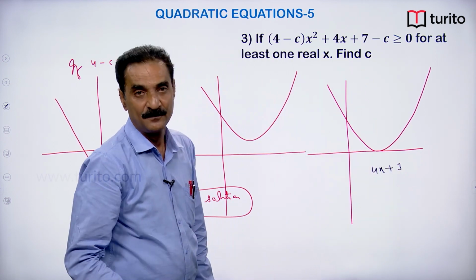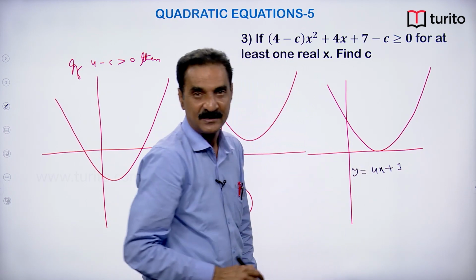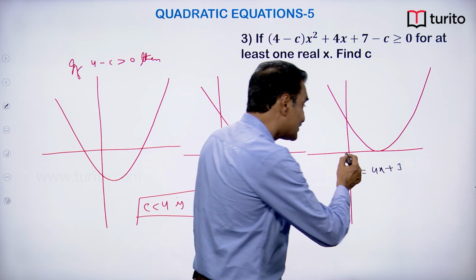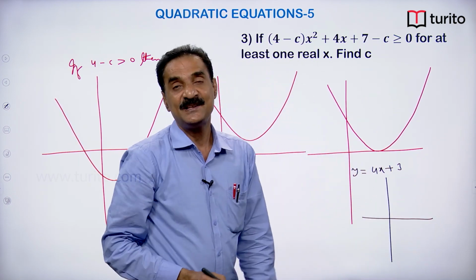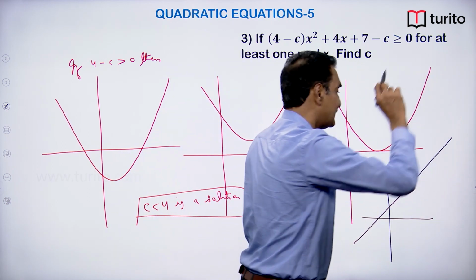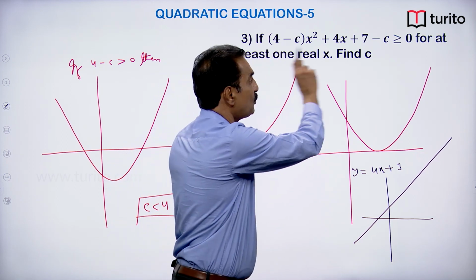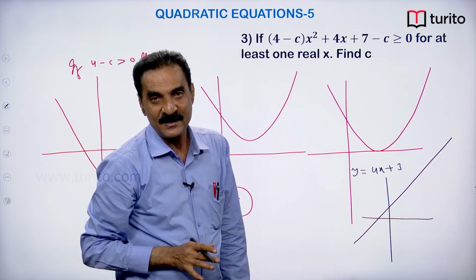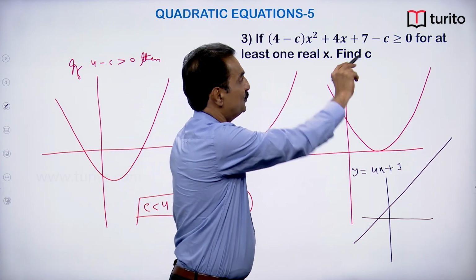If you take the expression as y, it is not quadratic, but its graph will be a straight line. y is equal to 4x plus 3 is a straight line. It will be like this. Definitely it takes positive values. So, this will be true for at least one real x. So, for c equal to 4 also this is true.